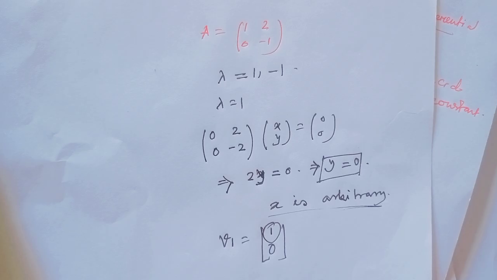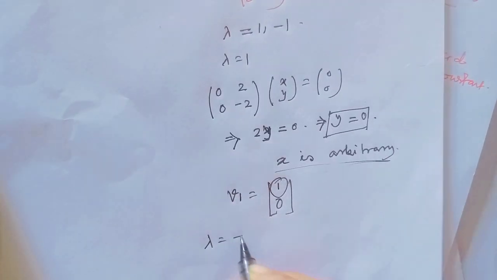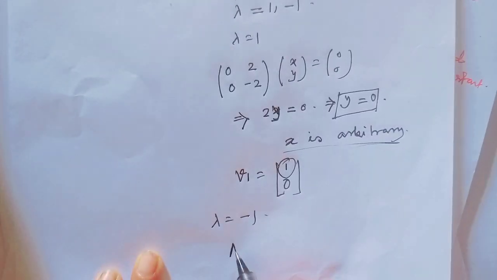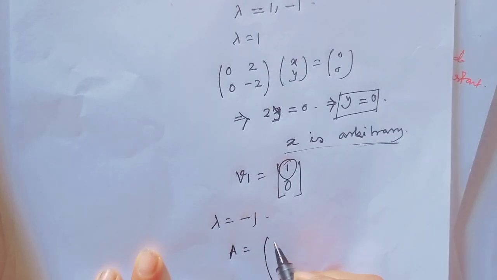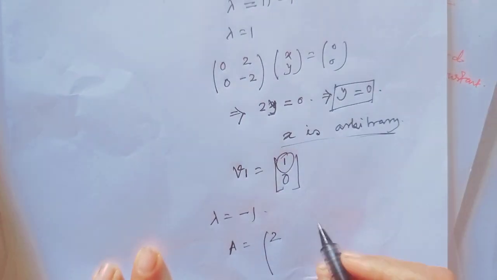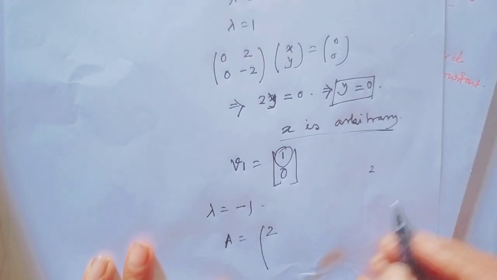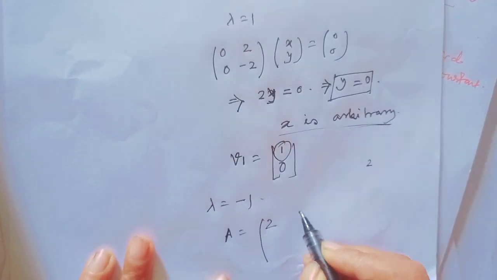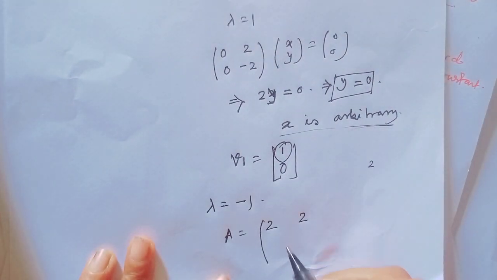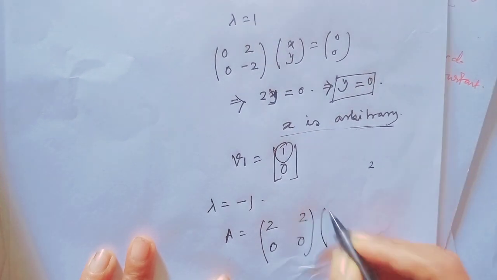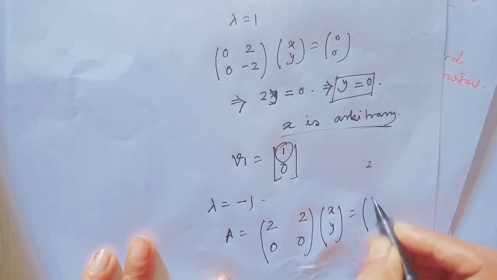Next, for the eigenvalue lambda equal to minus 1, A plus I equal to the matrix 2, 2, 0, 0, times (x, y) equal to (0, 0).